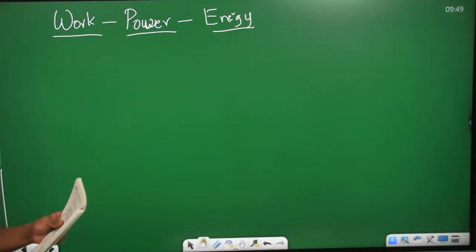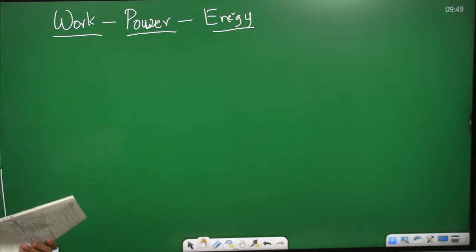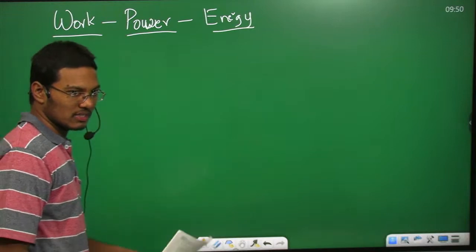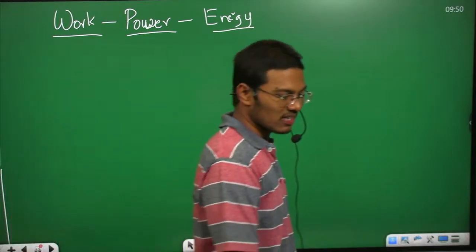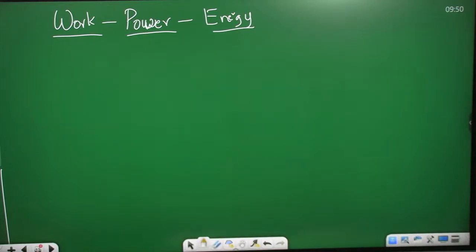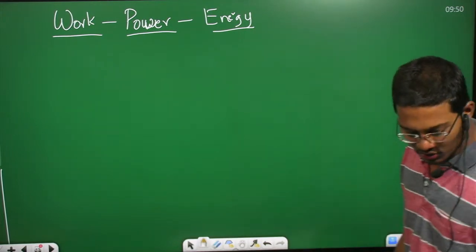Now let us try to look at formulas of work, power, energies. You try to write down what all formulas you know about work, power, energy, and check whether you are getting them right or wrong.